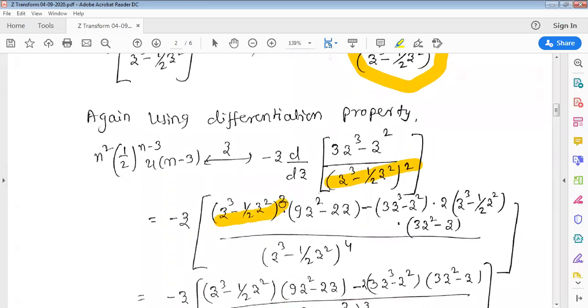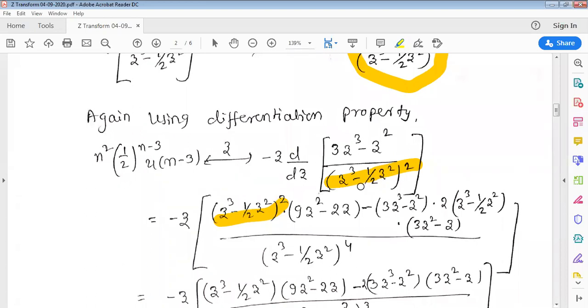This is the first term I have written as it is into derivative 9 z square minus derivative of z square is 2z, minus the first term 3z cube minus z square into the derivative of this one. Derivative is 2 into z cube minus 1 by 2 z square into derivative of this one, 3z square minus 1 by 2 into 2z, that is z.